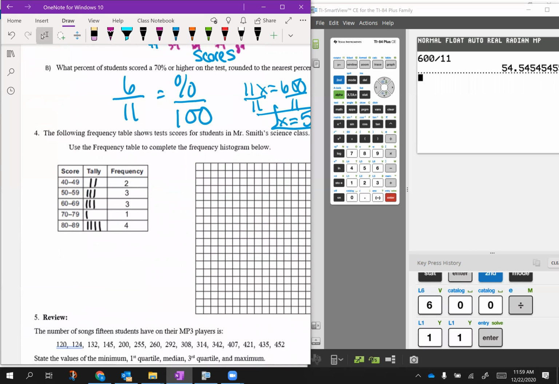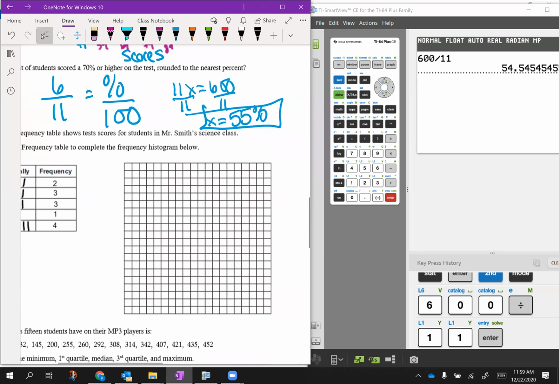All right, for the next one, they already gave us the frequency table already filled out. We have to put a title on. So we have science test scores.